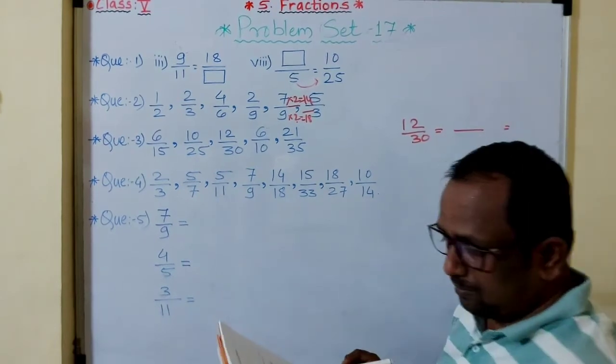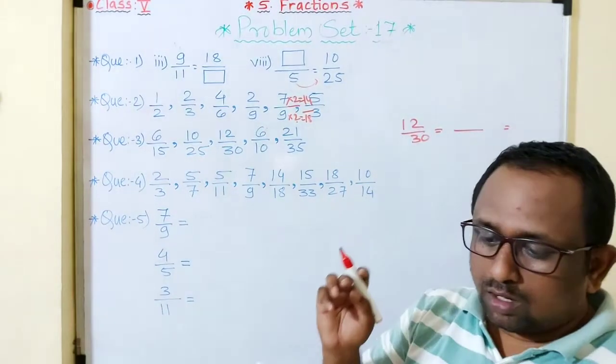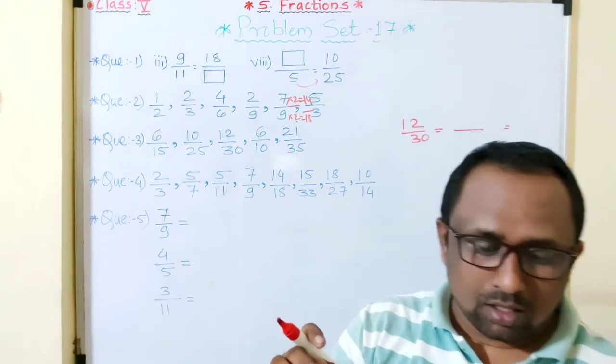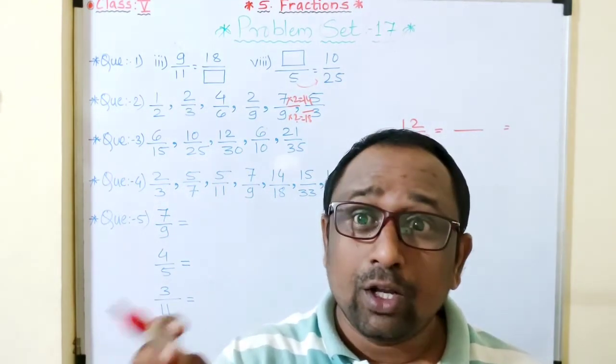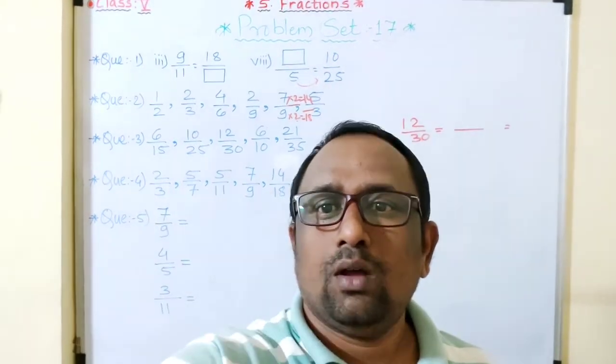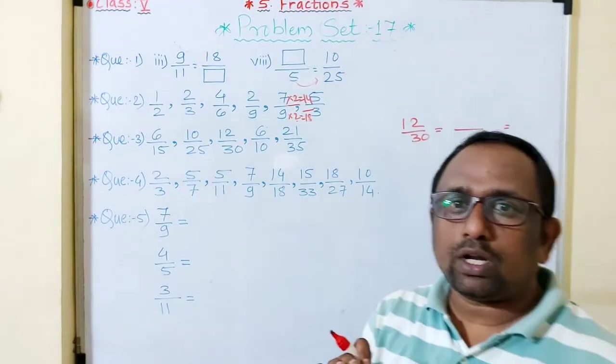What they ask here is we want the equivalent fraction, but our denominator should be 5.